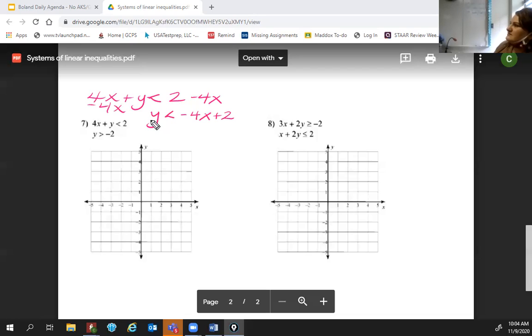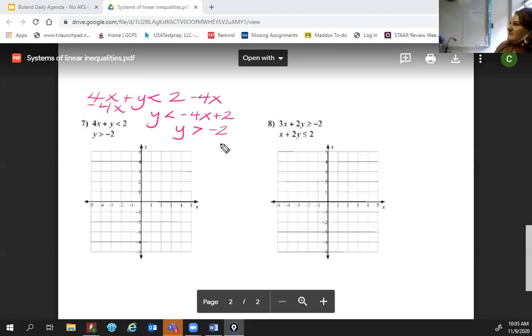So this makes it where it's graphable because it's in y equals mx plus b form, right? So to graph anything, it has to be in slope-intercept form. Good. The next one, y is by itself. But it looks a little funny, right?